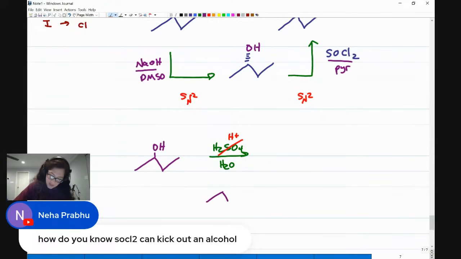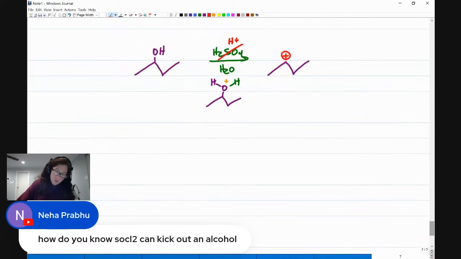This will give me an intermediate where I have an OH2 plus, good leaving group. That will give me a carbocation. And then from that carbocation, I can do whatever, depending on the situation. That is one way to get rid of an alcohol.